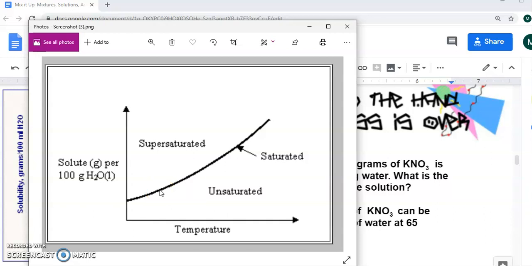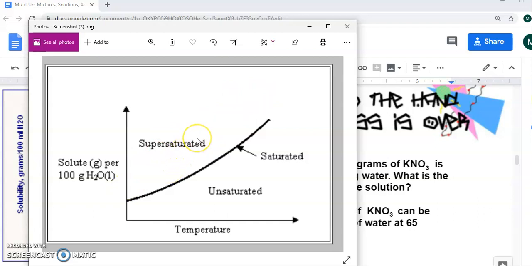I can dissolve no more solute in this solution. If I continue to try to dissolve more solute, then you get what you call a supersaturated solution.